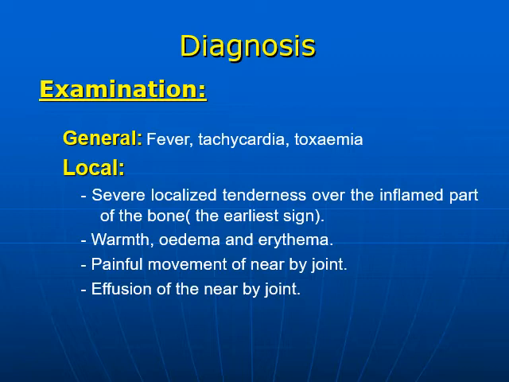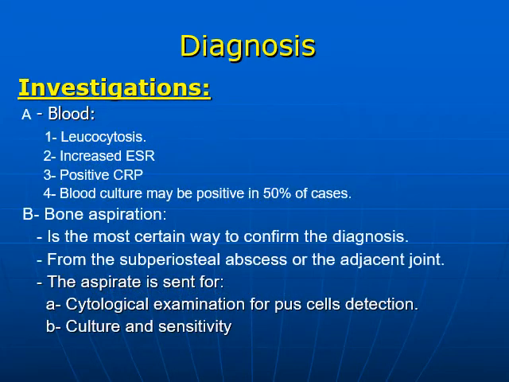So generally we get fever, tachycardia, and manifestations of septicemia. We have severe localized tenderness over the inflamed part and other manifestations of inflammation. We may have sympathetic effusion in the nearby joint. When we do blood investigations, we will get leukocytosis, elevated ESR, and positive C-reactive protein.